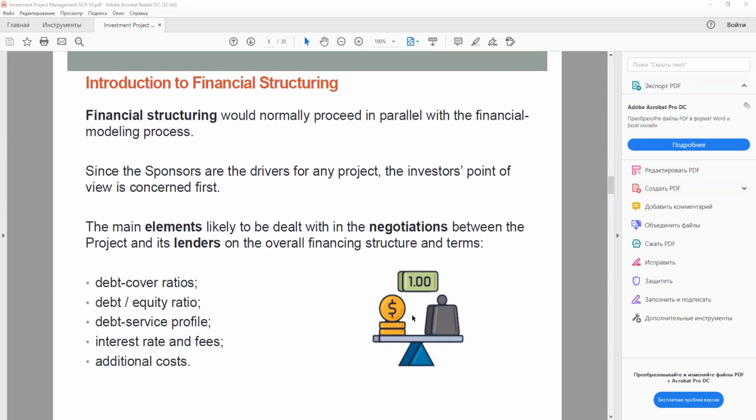So again, please keep in mind that simplicity is good, and there is no rationale for the use of modern and complex financial vehicles for the sake of the efficiency of the project.